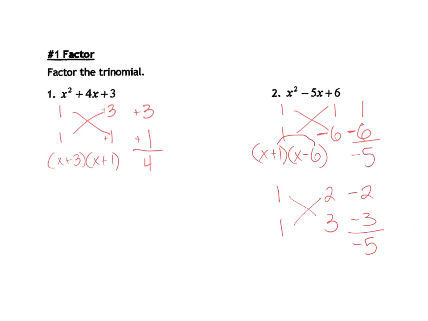So they both need to also be negative here. 1x minus 2. 1x minus 3. Good. Remember that worksheet we did? They need to multiply to make positive 6, but they need to add up to negative 5.